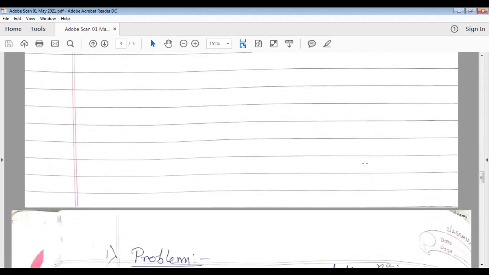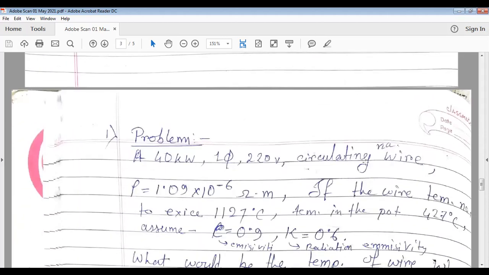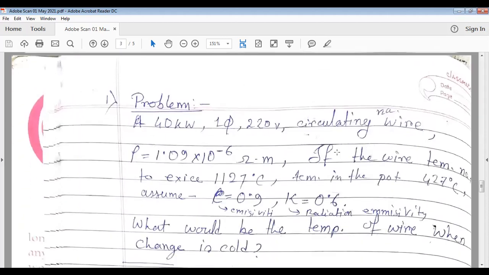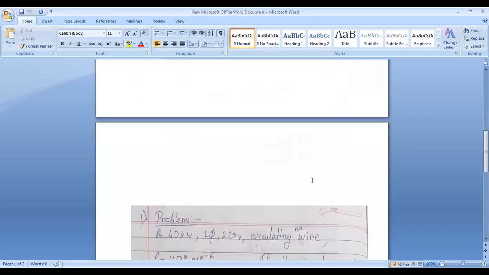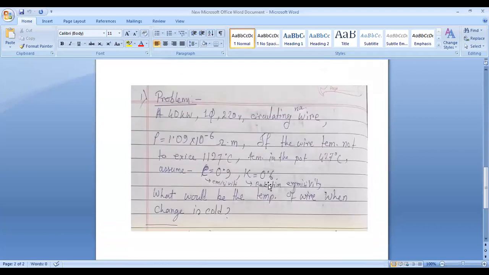Now we are going for a problem. Look, here is a problem. Okay, it is not showing. I am showing another one. Look, here is the problem.